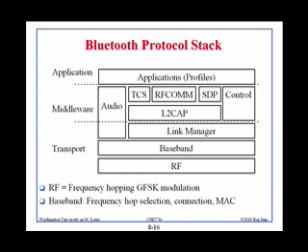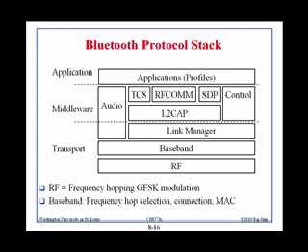Now RF and baseband, these two are the physical layers. This is simply the frequency hopping layer. So we talked about the frequency hopping, but then we also use what we call GFSK modulation, Gaussian frequency shift keying.